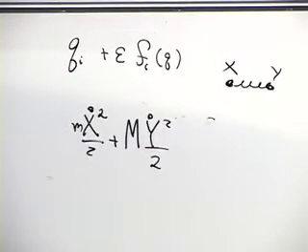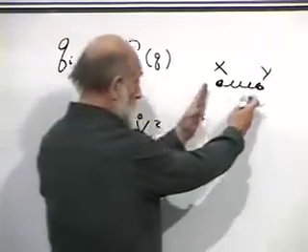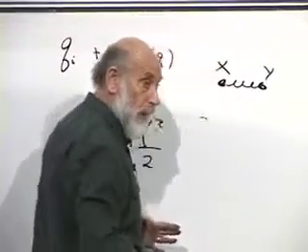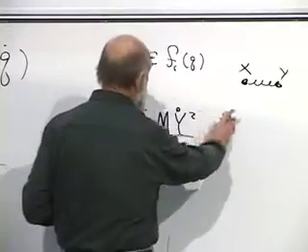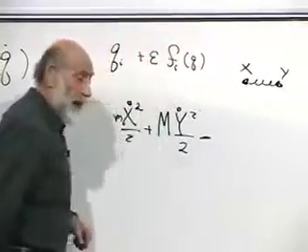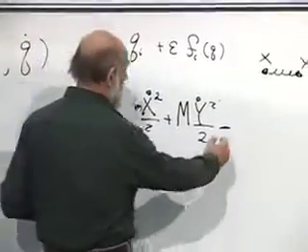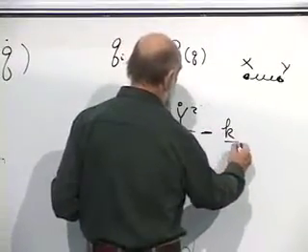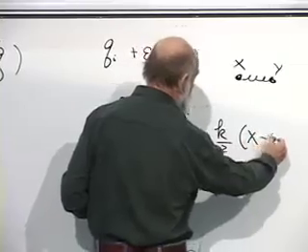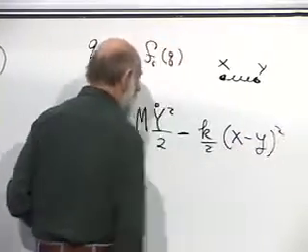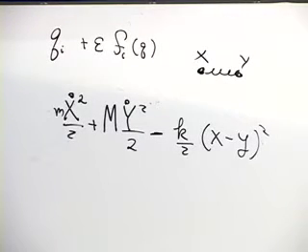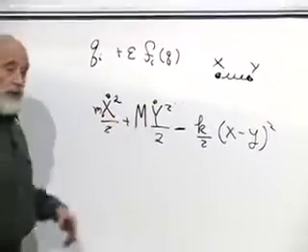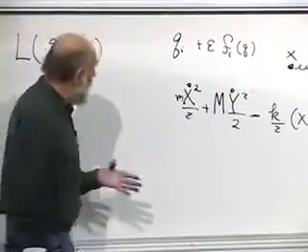The potential energy only depends on the distance between x and y. It depends on how much the spring is stretched. And so the potential energy, which goes into the Lagrangian with a minus sign, of course, is going to have a spring constant, k over 2, and it's going to have x minus y squared. Okay? Now I assert that there's a symmetry. The symmetry is to add to x and y, each of them, the same amount.